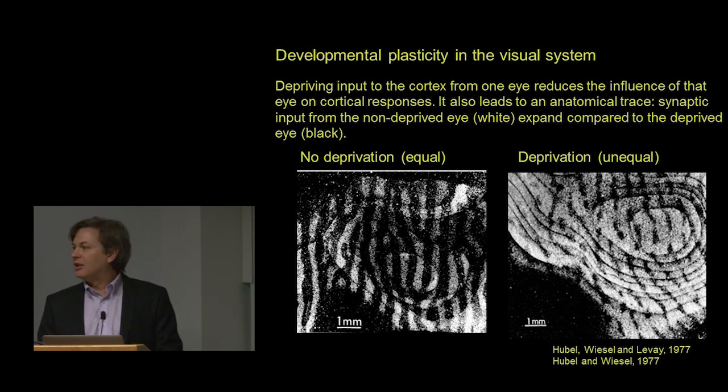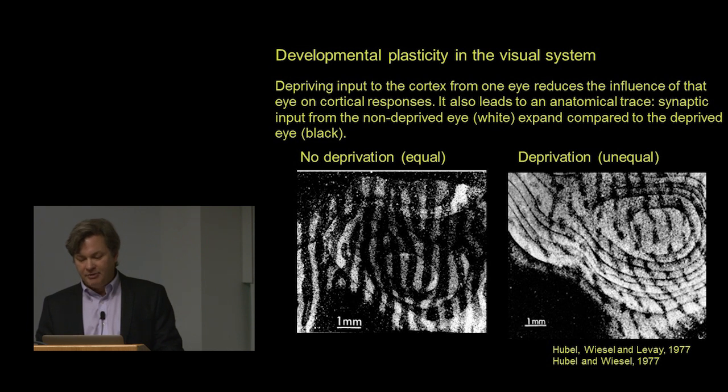And they had a number of physiological studies which showed, again, that if the eye was closed, or even if vision was affected by having the eye look in the wrong direction, the cortical representation of information from that eye was very degraded.